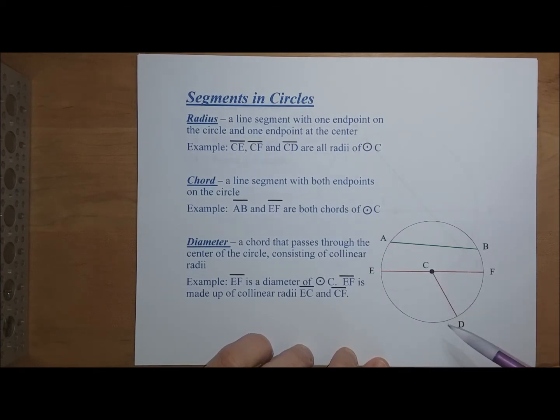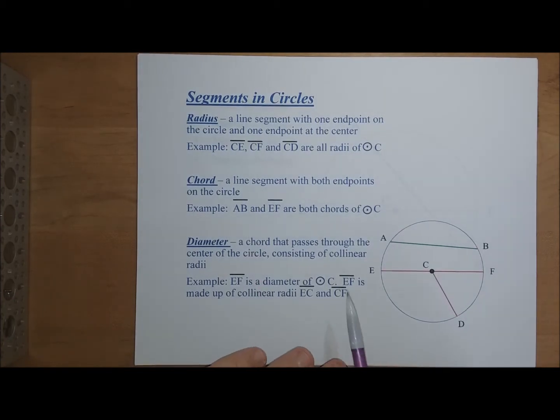In this circle, even though there isn't a line segment drawn from C to B, I know the distance from C to B is the same as the distance from C to F or C to D or C to E. Because remember, a radius is just any segment that connects the center of the circle to a point on the circle. So I could draw an auxiliary line CB and call it a radius. I could draw an auxiliary line called CA and call it a radius.